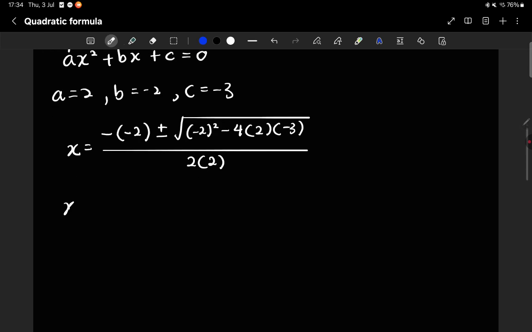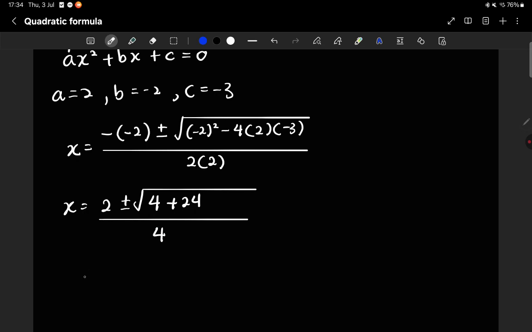As we solve, x equals negative times negative 2, which is 2, plus minus the square root of negative 2 squared, which gives us 4, minus negative 4 times 2 times negative 3, which gives us 24. So 24 over 2 times 2, which is 4. So x is 2 plus minus the square root of 24 plus 4, which gives us 28, over 4.